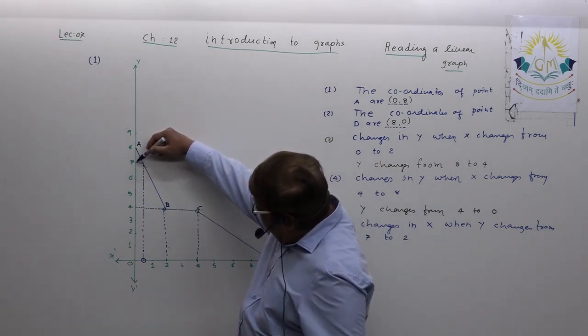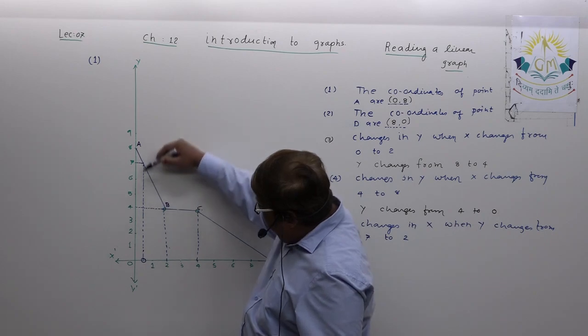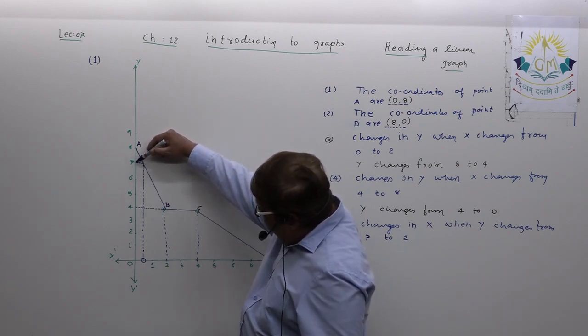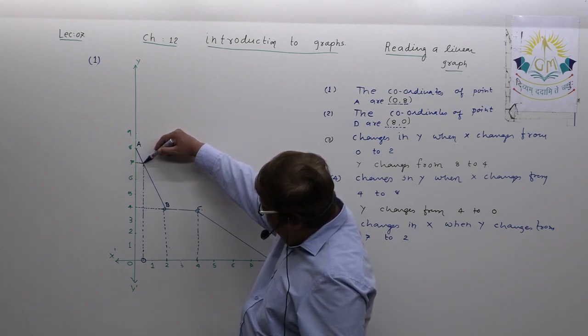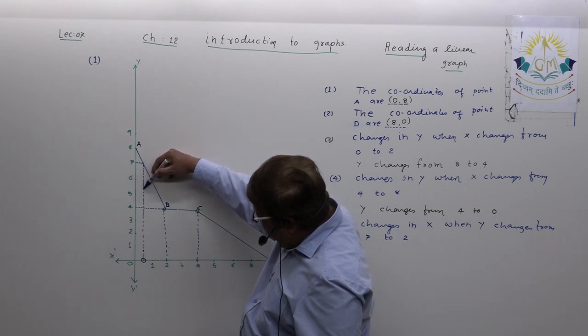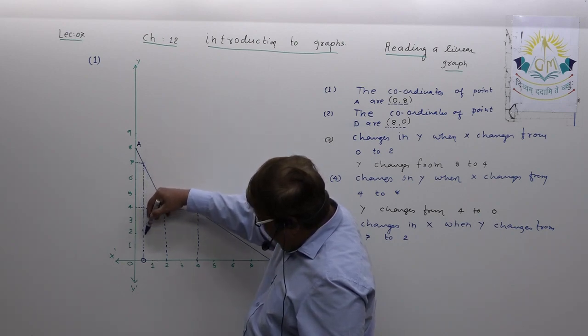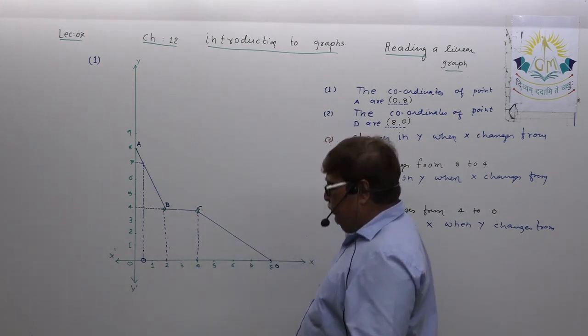So when y is 7, how am I able to read the coordinate of x? First from 7 you draw a dotted line to meet here. Then this line needs to be joined with the x-axis. So x is 0.5.